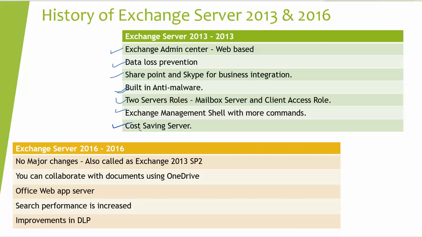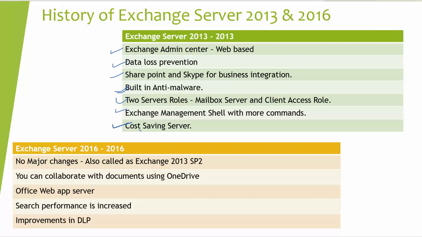You can also collaborate with documents using OneDrive. That's another good thing that you can do with 2016. Office Web App Server is another thing for web applications, where you can use your Office in your web browser. And search performance is increased.